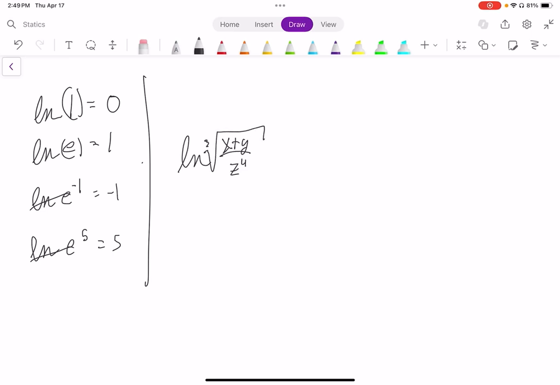We can rewrite this as the natural log of x plus y over z to the 4th, all to the 1/3 power, since anything to a fractional exponent is going to be equal to the root of that exponent, with the denominator being the index. Of course, we know that the square root is just assumed to be 2.